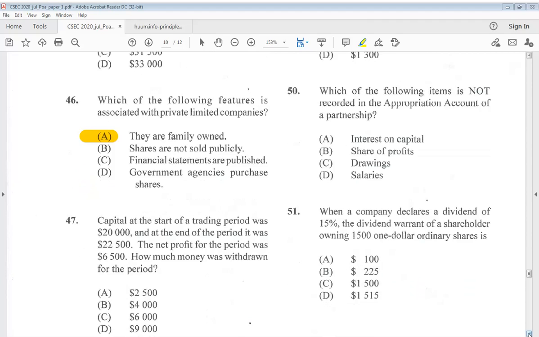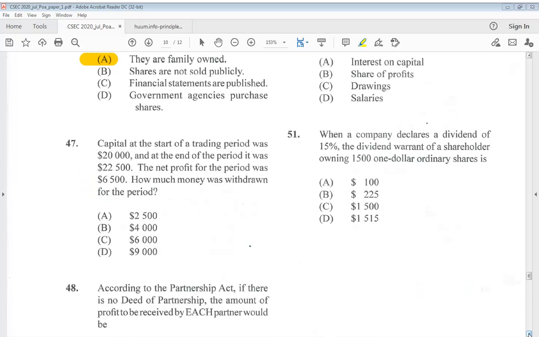47 says, capital at the start of a trading period was $20,000 and at the end of the period it was $22,500. The net profit for the period was $6,500. How much money was withdrawn for the period? A, $2,500, B, $4,000, C, $6,000, or D, $9,000.